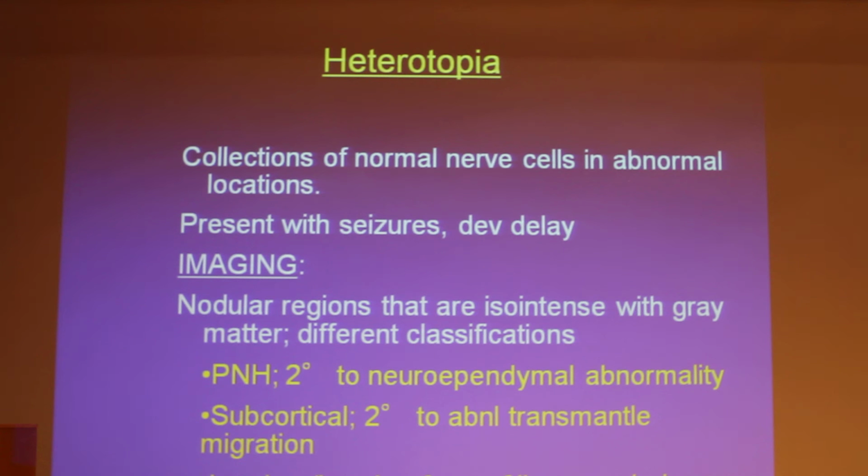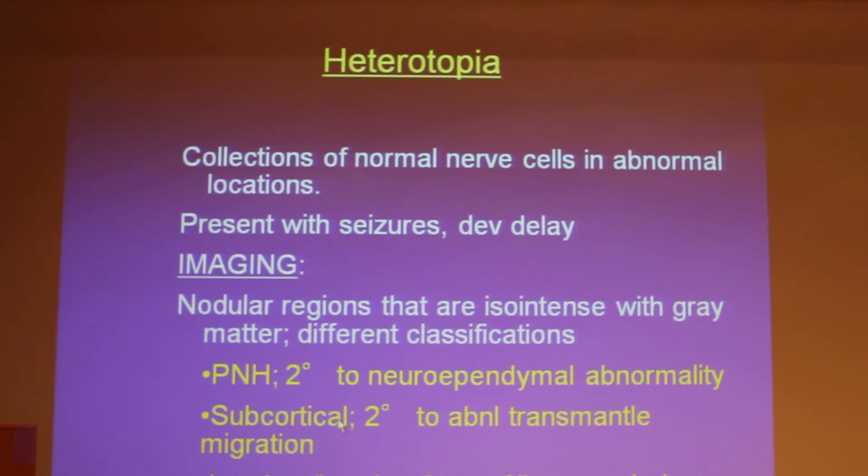So these are nodular regions that are iso-intense with gray matter. It's very important that they be iso-intense with gray matter on all sequences. And that is something that sometimes people confuse, white matter abnormalities with heterotopias. And periventricular nodular heterotopia is secondary to a non-ependymal abnormality.